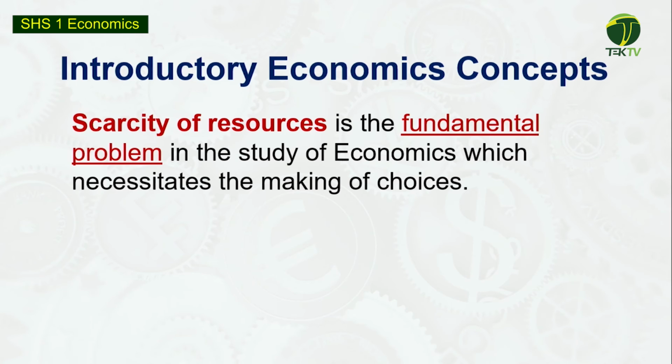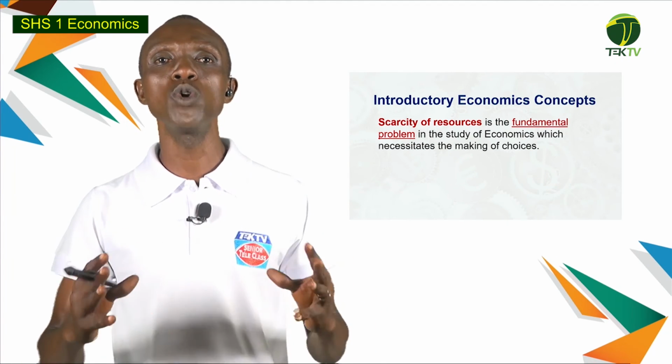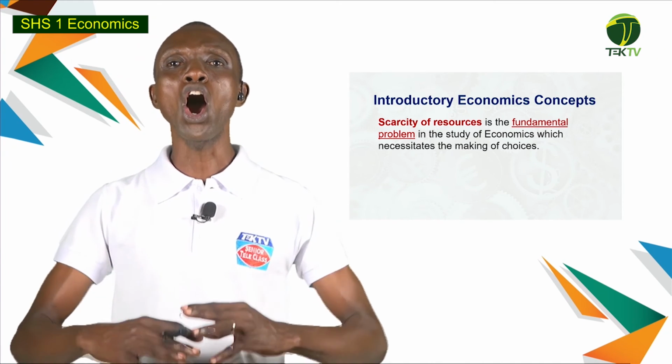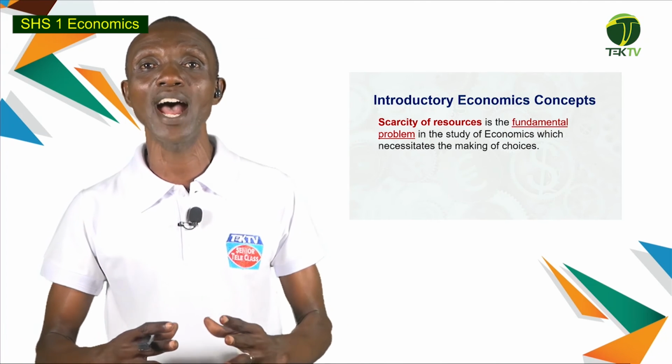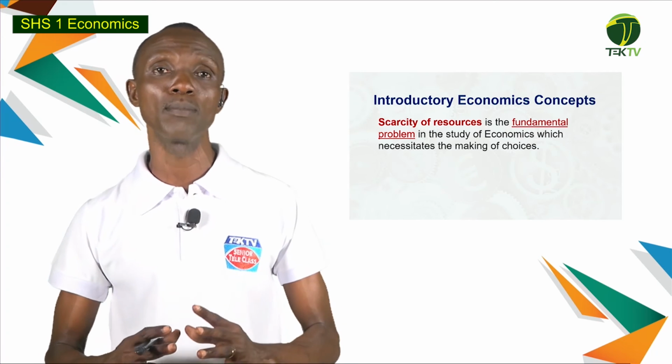Individuals are faced with scarcity of resources. Your income cannot afford the numerous or countless unlimited wants. For firms, their resources cannot produce all manner of goods and services. Government resources cannot produce all manner of goods and services government aims at producing to satisfy or improve the welfare of the citizens. So it becomes a fundamental problem in economics.